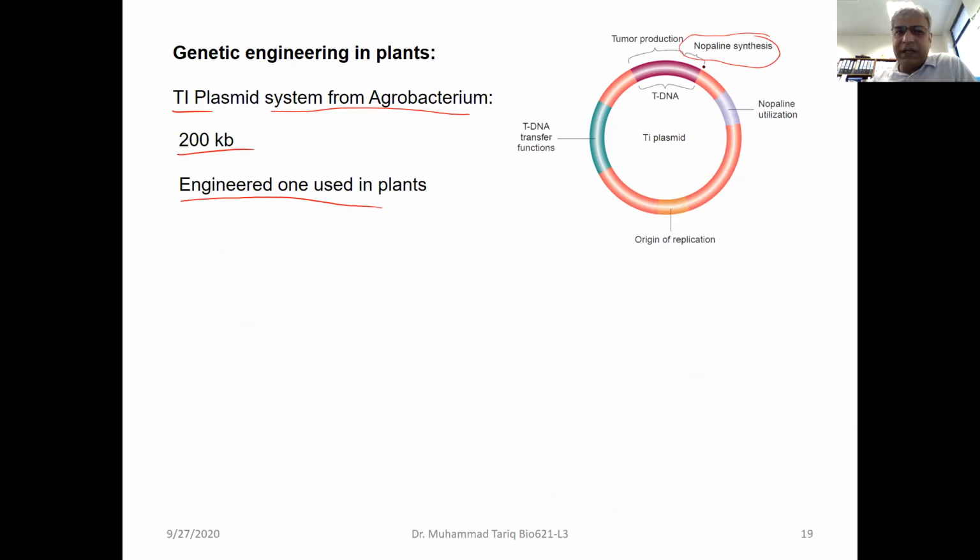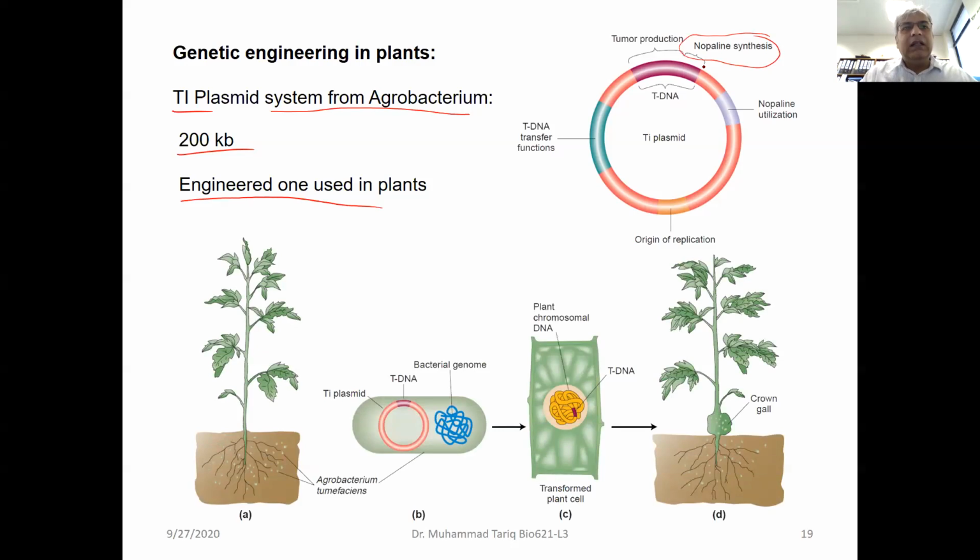These genes basically induce cell division, like cytokinins and auxins, etc. And that's why you see tumor in Arabidopsis. So you should go back and read about how transgenic plants are produced in Arabidopsis, and also the mutant screens done in Arabidopsis.